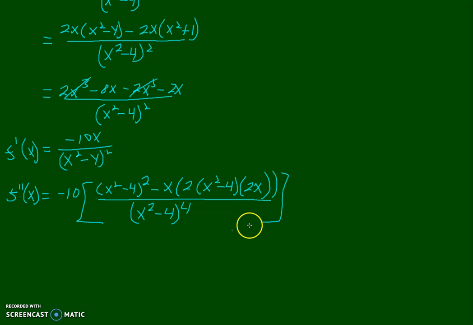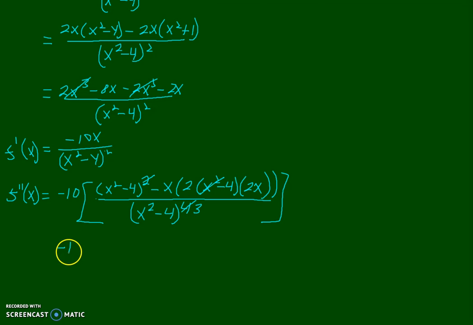Okay. All right, now again we have an x squared minus 4 in every one of these terms. So let's go ahead and simplify that out. So this goes away, this goes to 3, and that one goes away.